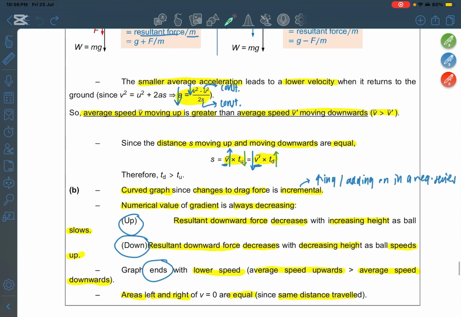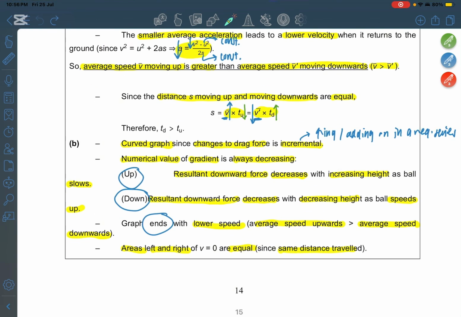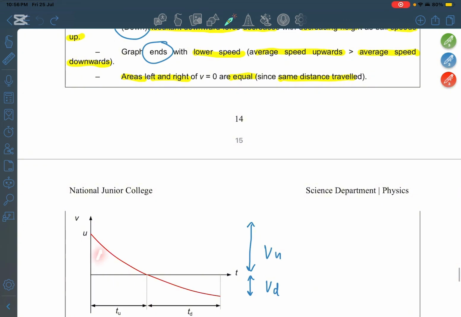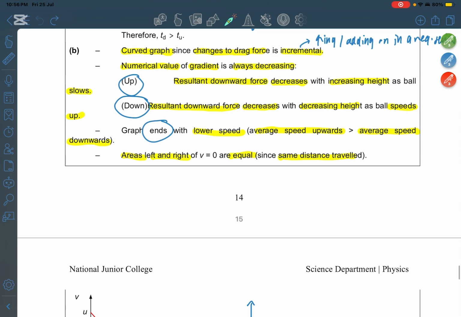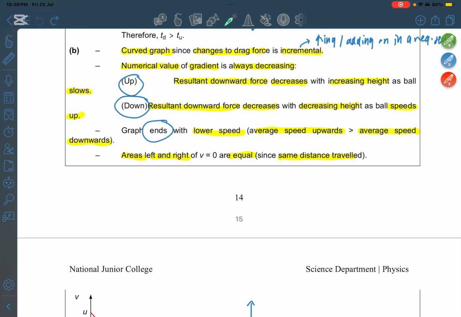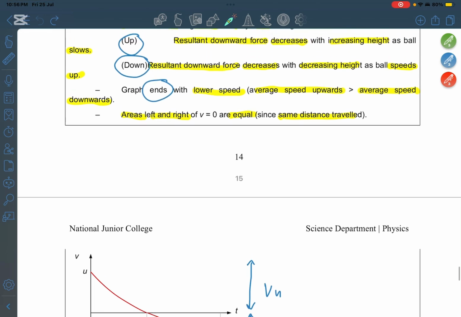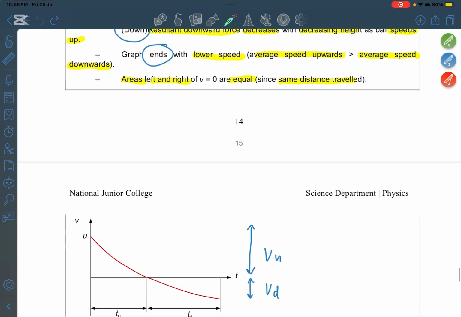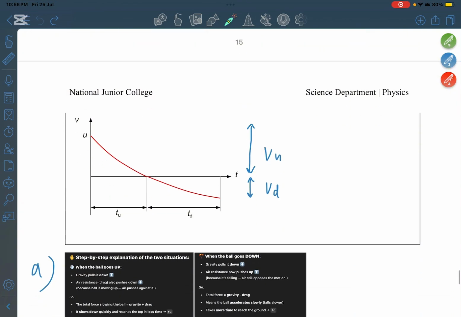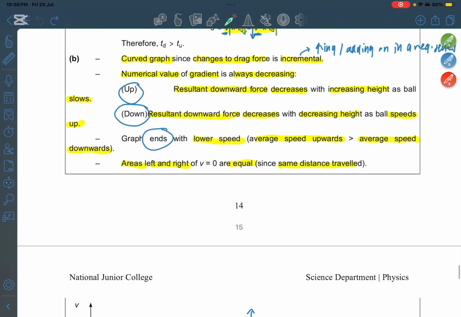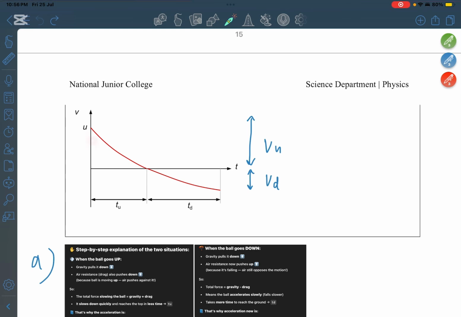We've already established that in A. And then the areas to the left and right of V equals 0 are going to be equal because they have to cancel out, meaning same distance traveled. Okay, so this is going to cancel out each other.